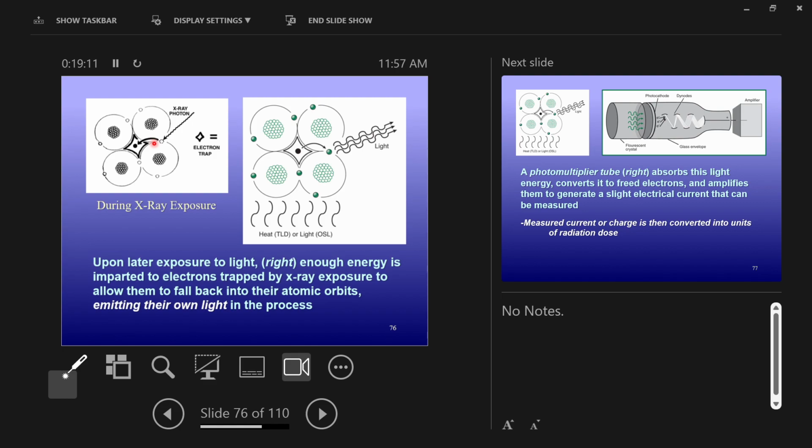You send this back, the badge company puts it into their special machine. Their special machine will shine visible light at the device, okay? When visible light hits these atoms, the atoms will cause the electron to jump back into place, re-emitting the light that it stored, re-emitting all the energy that it stored, okay?